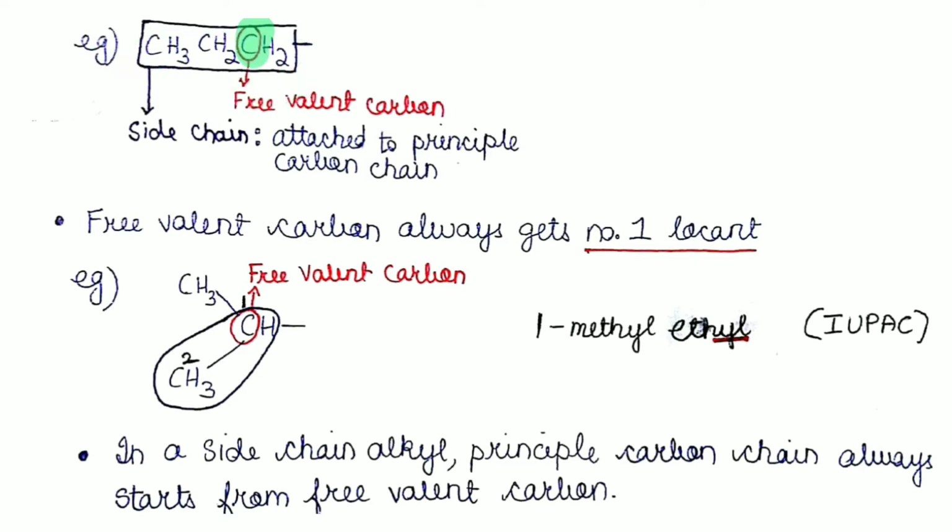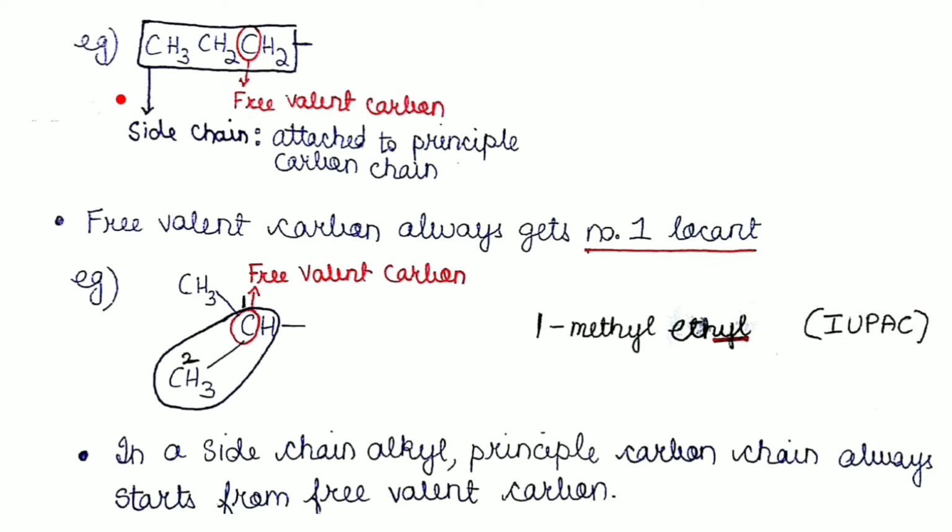This first carbon atom here is our free valent carbon because it is attached to the principal carbon chain. It can be a pentane, hexane, cyclohexane, anything. But the point is that this is our first carbon atom that is attached to the principal carbon chain, and therefore this is our free valent carbon atom, and this is our side chain alkyl group.